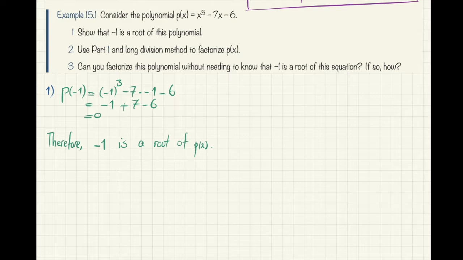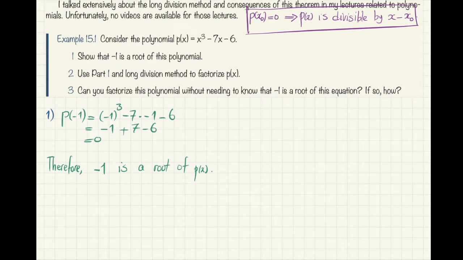Okay, so I want to use the long division method to factorize my polynomial. So let me show you this again. I want to use this fact. So we learned that p of minus 1 is 0. So according to this, what can I conclude?